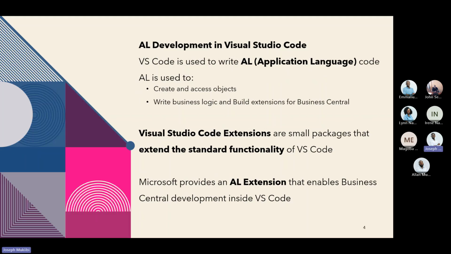Now to the next. AL is, like I've explained in the first slide, used to create and access objects, writing business logic, and building extensions.